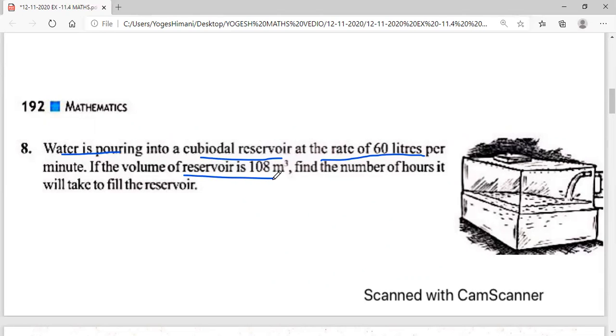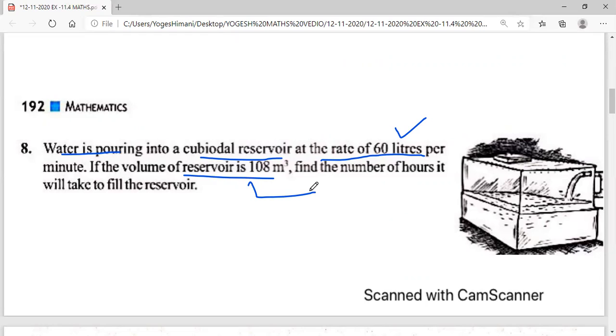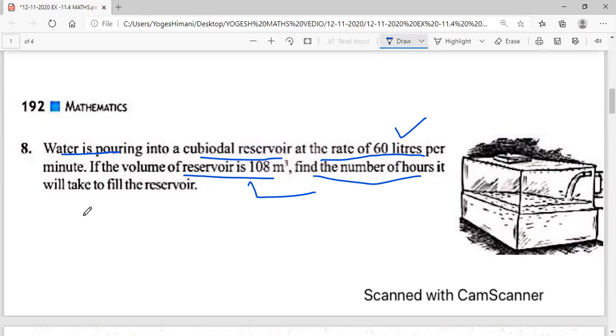So students, you all can see that here we have the speed in liter, and here we have in cube meter. So we have to just make them similar first of all. Okay, then find the number of hours it will take to fill the reservoir.